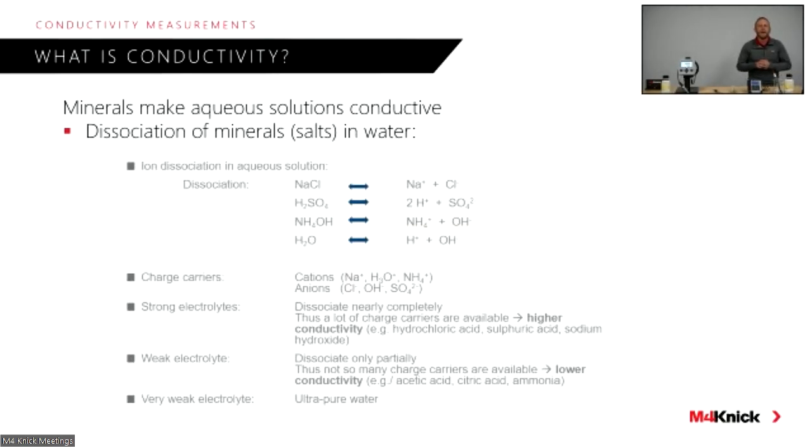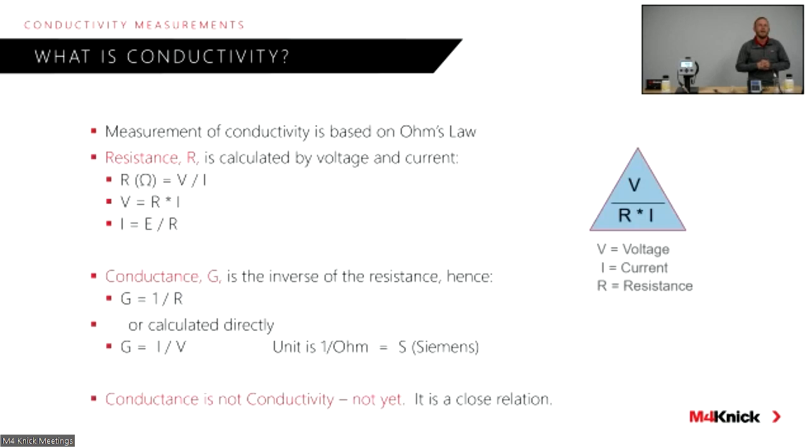So if we break it down, moving on to specifically what is conductivity, the basis of it, if you're an electrical engineer or know anything about electricity, revolves around Ohm's law. Based off voltage and current, we calculate resistance.